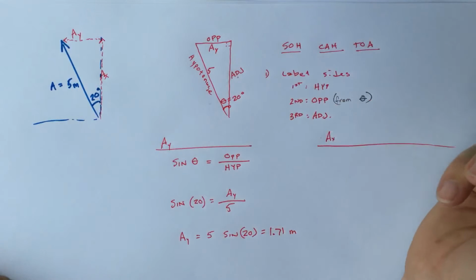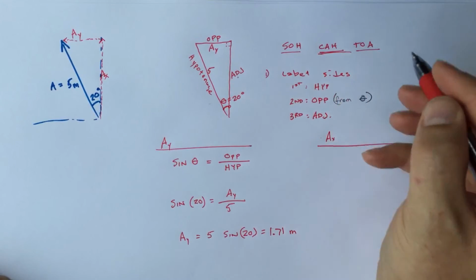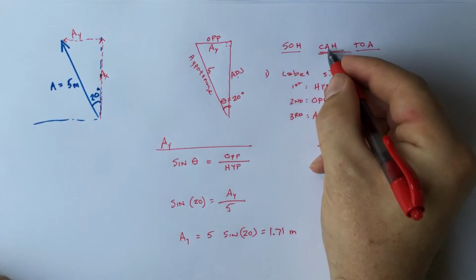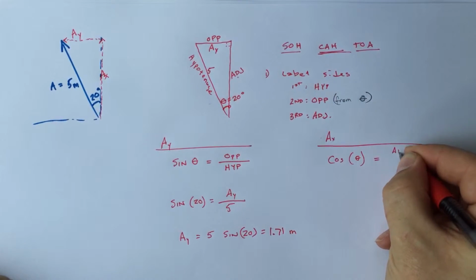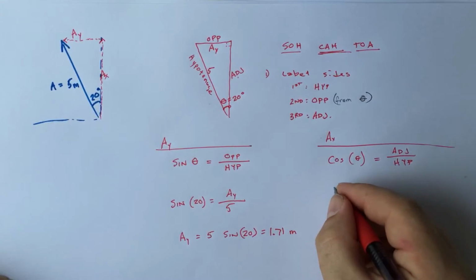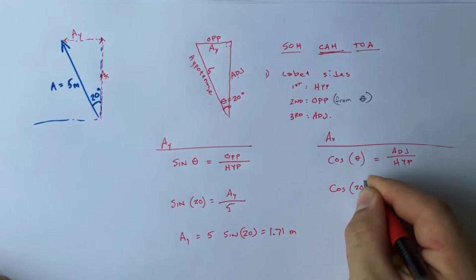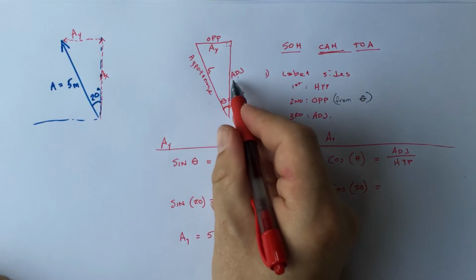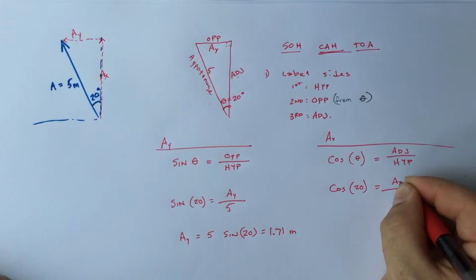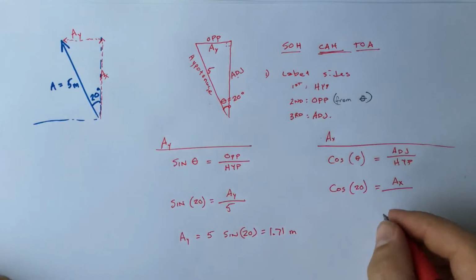AX is my adjacent side. So to solve for my adjacent side, I would use this CAH. That's that the cosine of theta is equal to adjacent over hypotenuse. And then I'd say that the cosine of 20 is equal to the adjacent side, which is AX in my problem, over the hypotenuse, which is 5 meters.